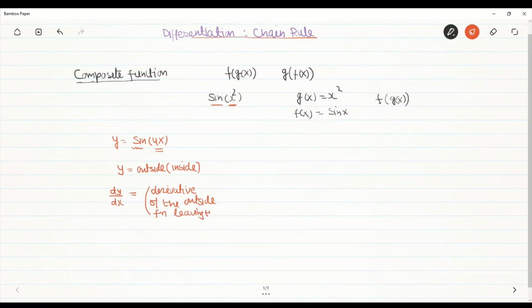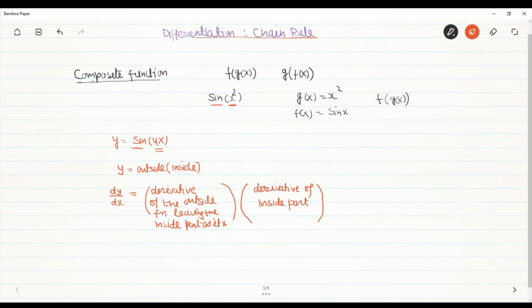Leaving the inside part as it is means you are not changing that at all. So this is the first thing, and after that the second part is derivative of the inside part. Again, I am assuming that the function has only two layers at the moment. So derivative of the inside part. So we write it this way.